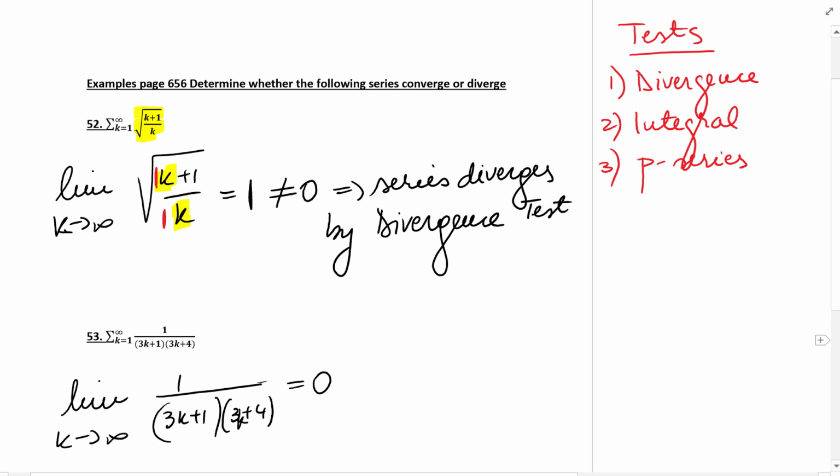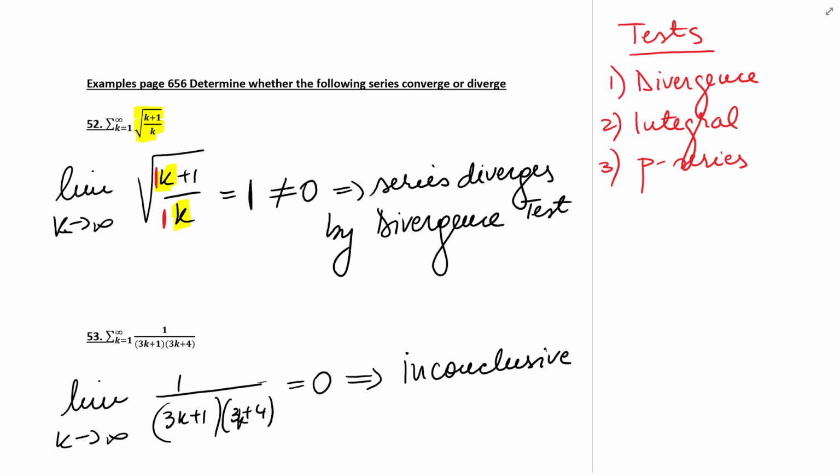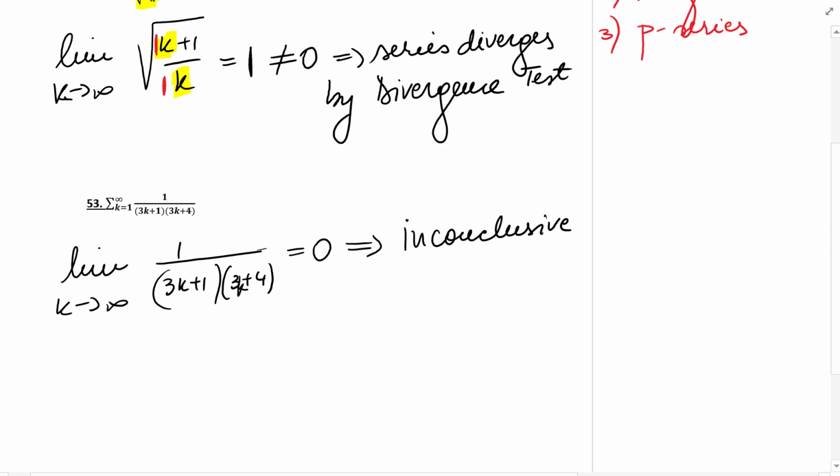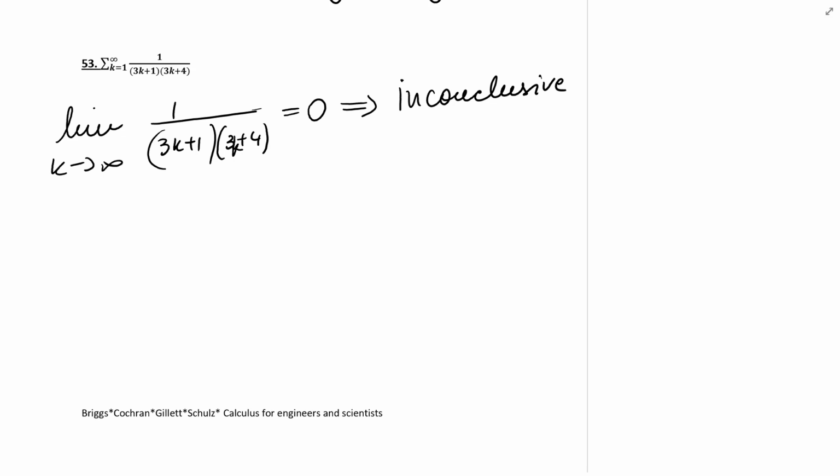So the value that we got, 0, tells us the divergence test is inconclusive. I cannot say that it's divergent or convergent, so we'll have to come up with another method.